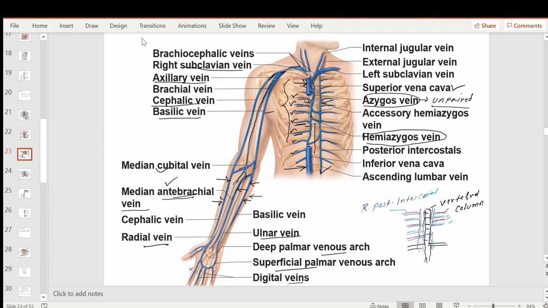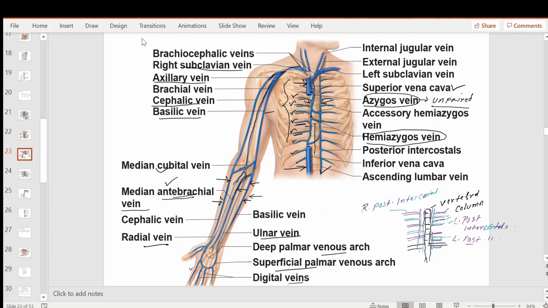So these are also left posterior intercostal veins. As well as there is another vein that is called subcostal. So these are also left posterior intercostals, but lower left posterior intercostals.